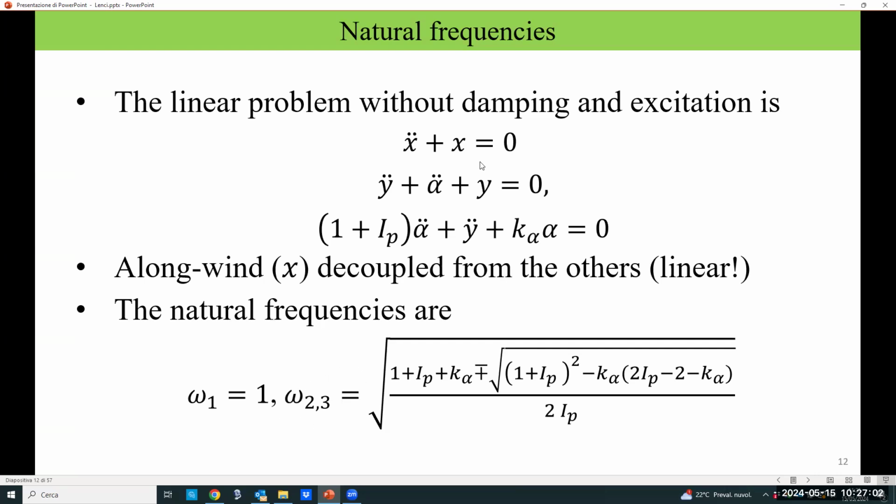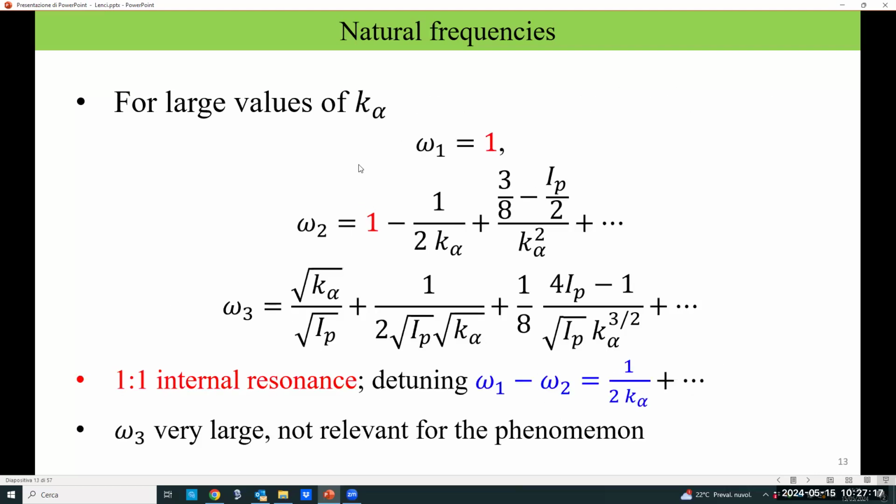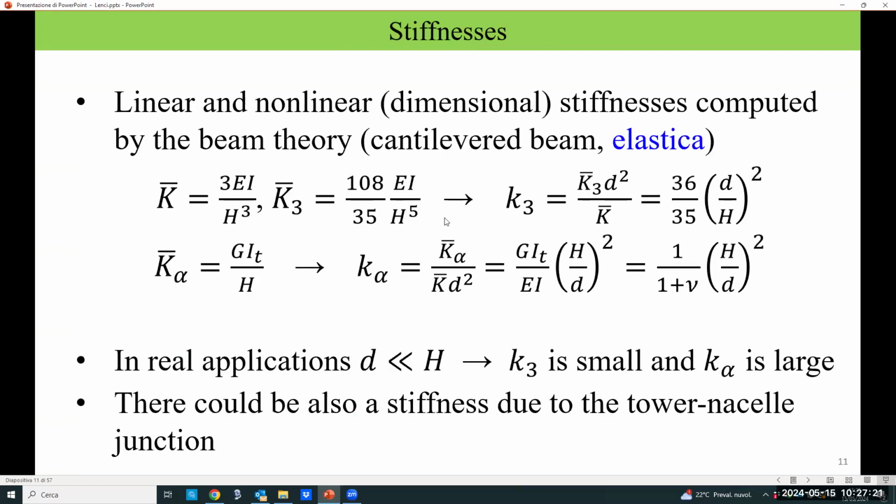The two other frequencies, related to Y, which means crosswind, and alpha, which means rotation modes, are given by these equations. Written in this way it is not so clear, but remember that K alpha is a large number.